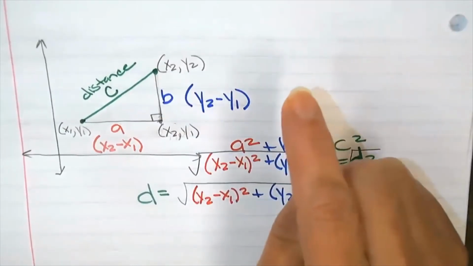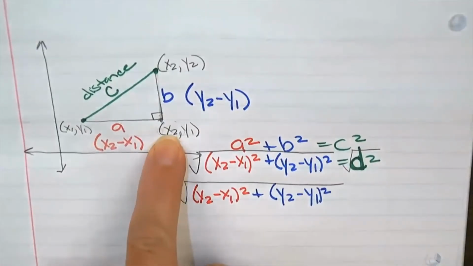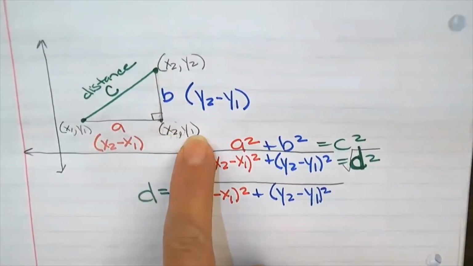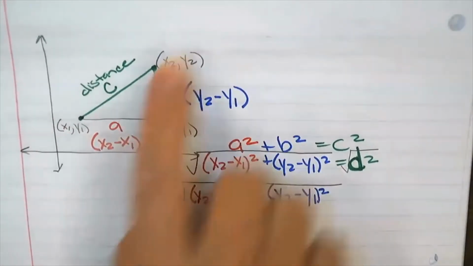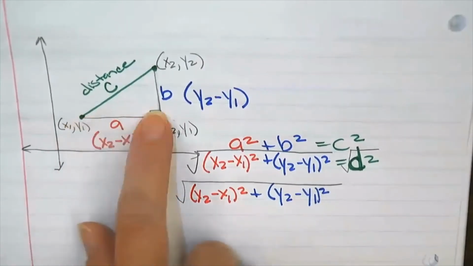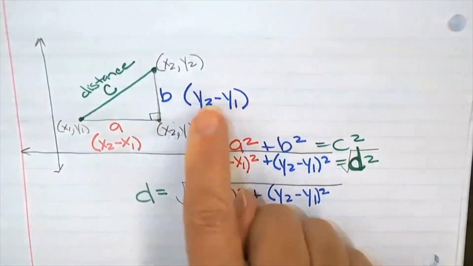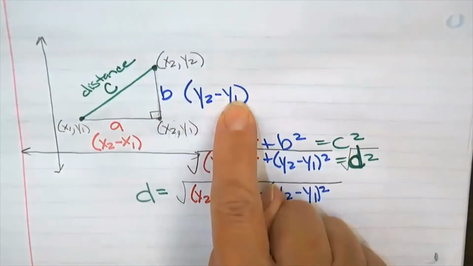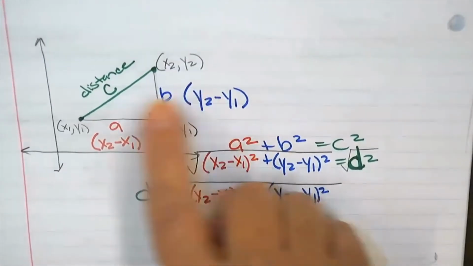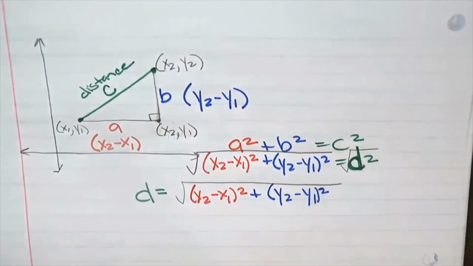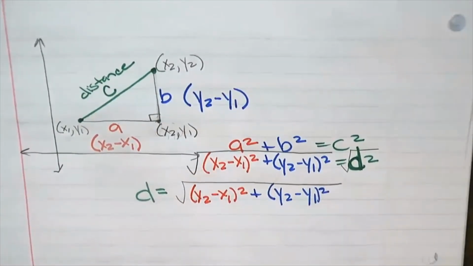And by doing that, our X is the same as X2 and our Y is the same as Y1. So with these 3 points, we can now find the distance of A and the distance of B. Well, if we have the distance of A and the distance of B, we can now find the distance of C. So this is where the distance formula comes from.